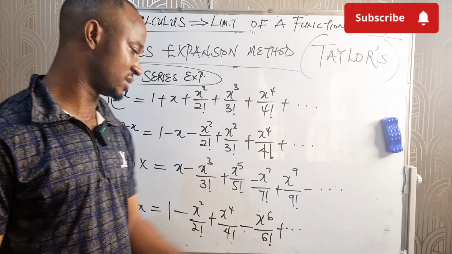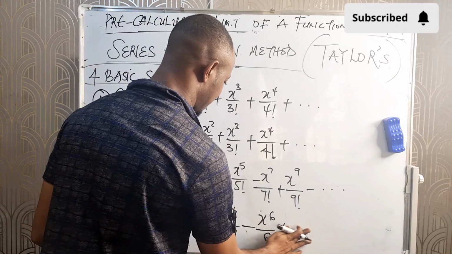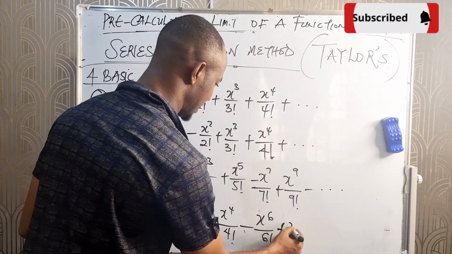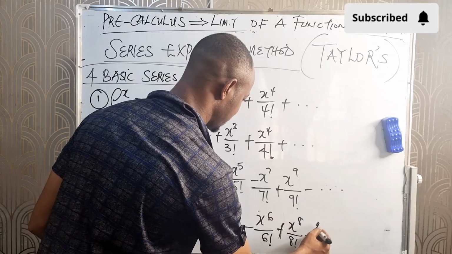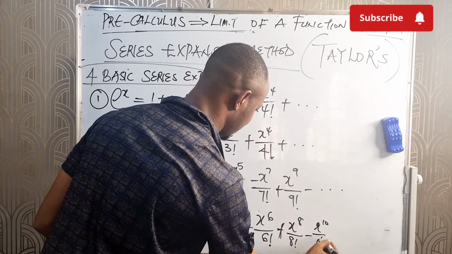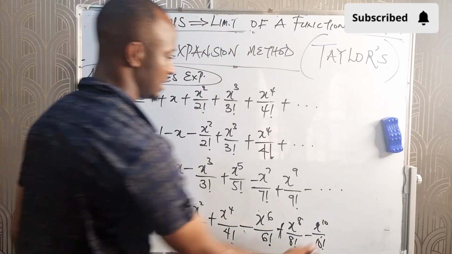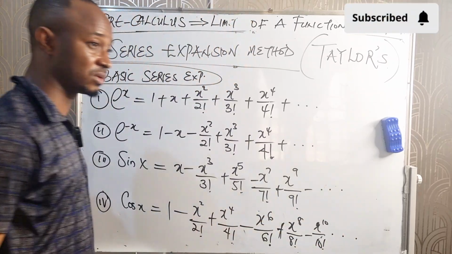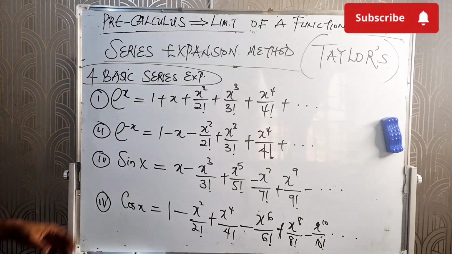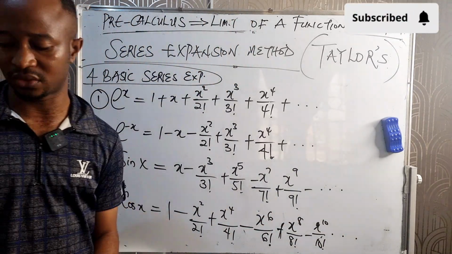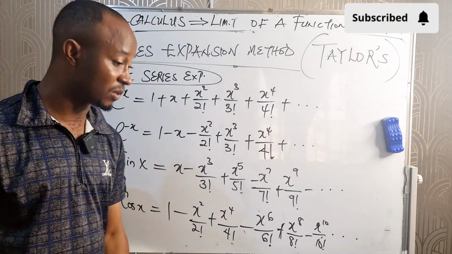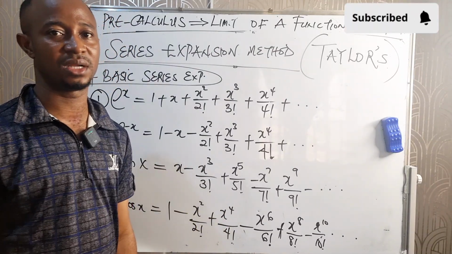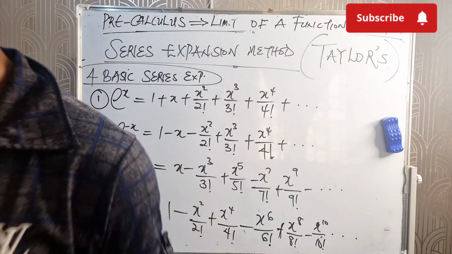I can predict the next term as plus x to the power of 8 over 8 factorial, minus x to the power of 10 over 10 factorial. That's why we put dot dot dot, meaning it goes on to infinity. This is called the series expansion method. I will solve a problem, then we can understand what this expansion is all about. Alright, let's solve a problem.